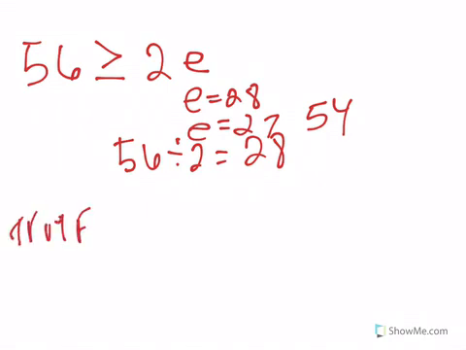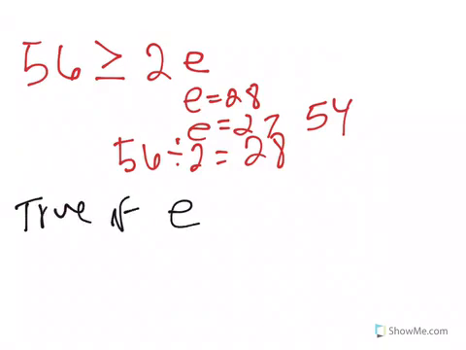I'm going to rewrite that because that looks terrible. True if e is less than or equal to 28. So if it's 28 or anything less than that, it will still be true, because 28 times 2 is equal to 56, and anything less than that would be less than 56.